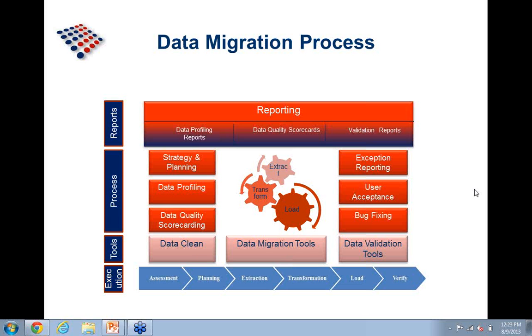So that is something which needs to be planned. I can also give one more example. That would be to do a sample migration or to come up with a proof of concept. Those things need to be considered in data migration planning, strategy, and assessment. A typical outcome of this step would be a migration roadmap.